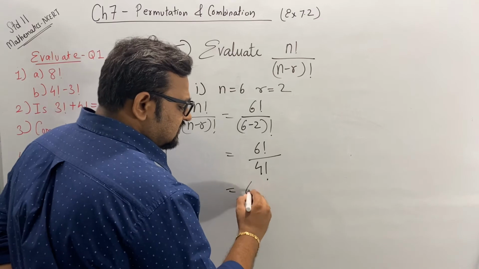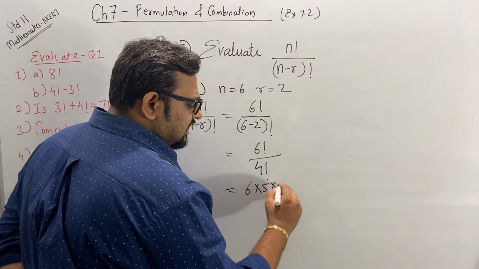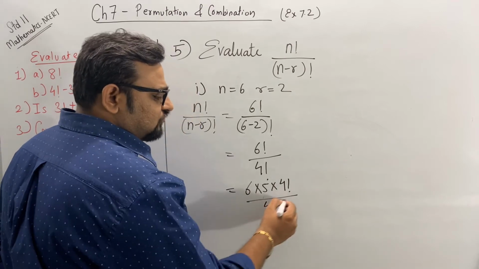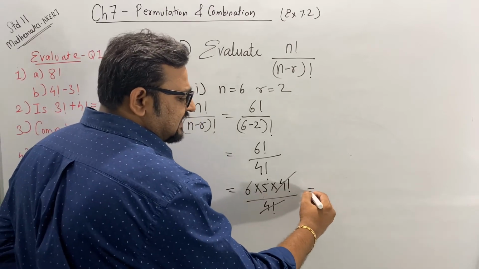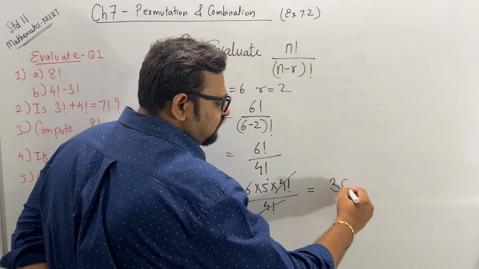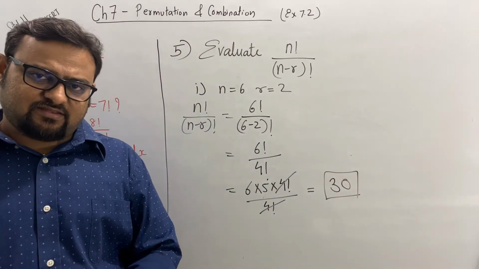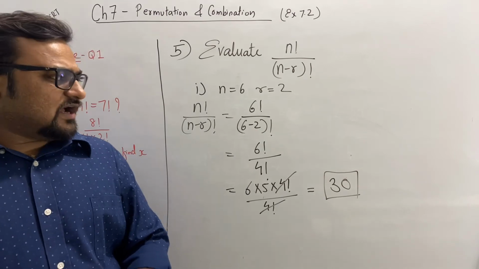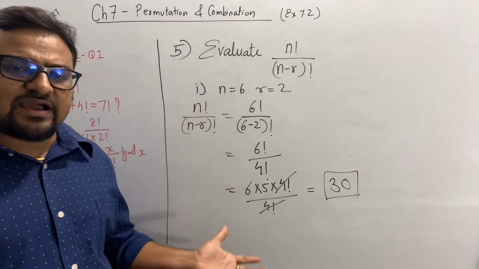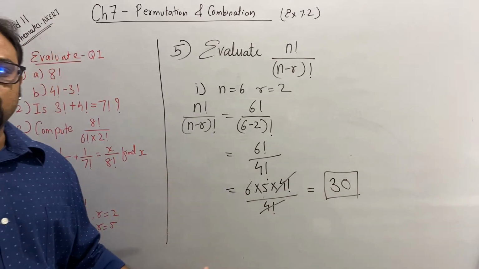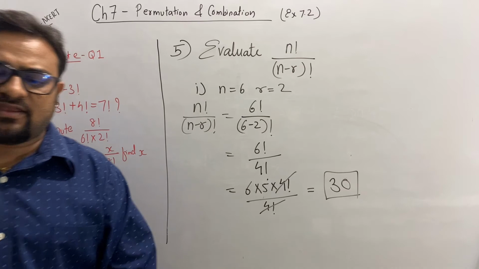So 6 into 5 into 4 factorial, I will stop here. So 4 factorial gets cancelled. So 6 into 5, you got the answer 30. Clear? So I just replace the value of n and r. My answer is 30. So note down the first sub question of question number 5.